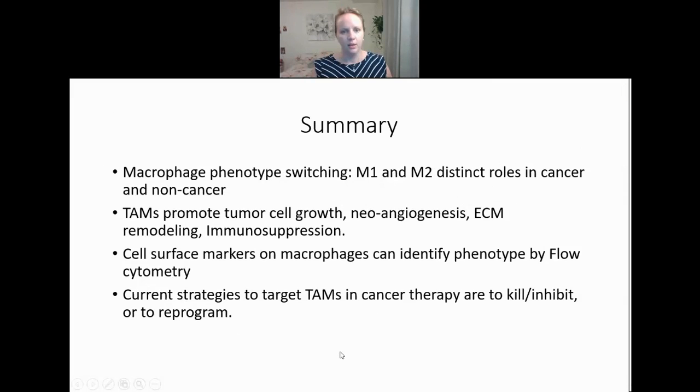So to summarize, I discussed macrophage phenotype switching, the differences between M1 and M2 phenotype macrophages and how they have distinct roles in normal, non-cancer, innate immune responses, as well as in cancer progression. I also showed that TAMs can promote tumor growth, neoangiogenesis, extracellular matrix remodeling for invasion, and can be immunosuppressive. So they truly are the enemy.